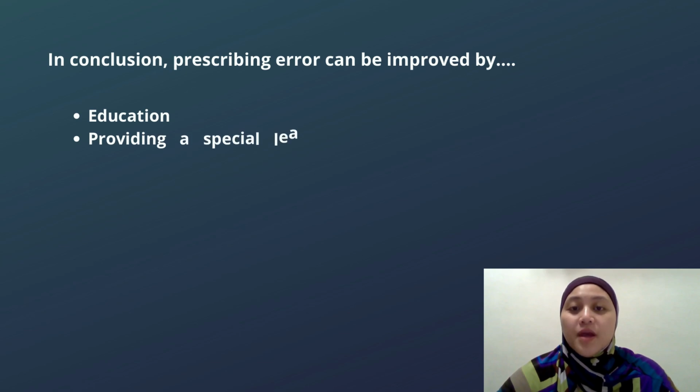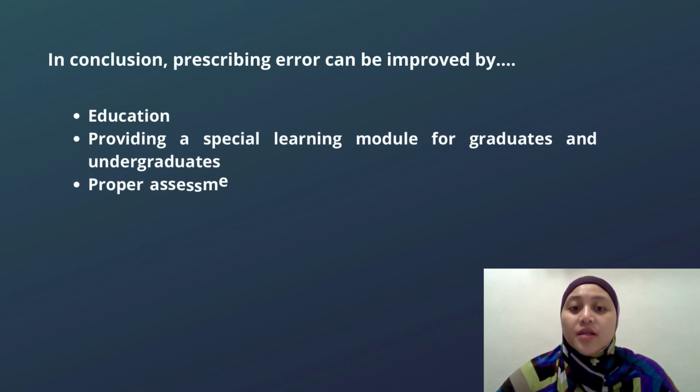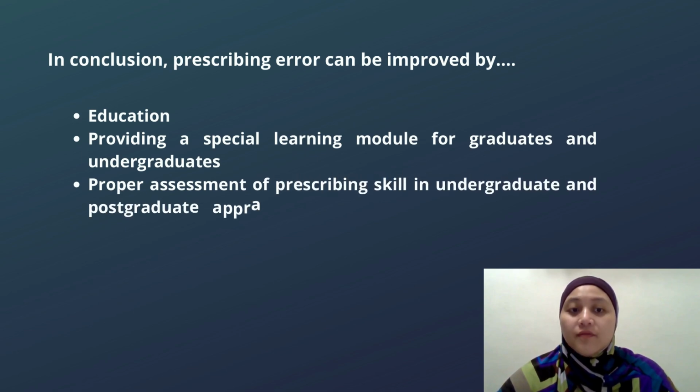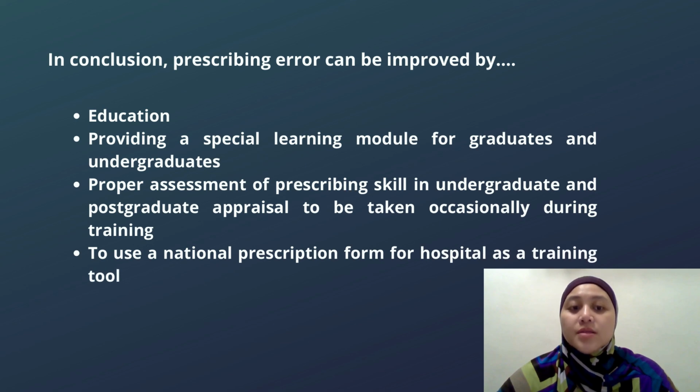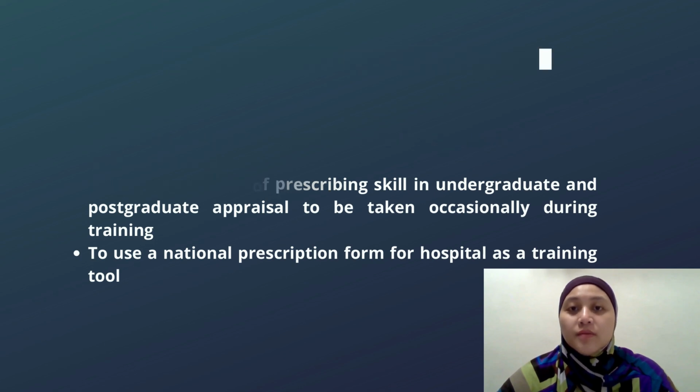In conclusion, prescribing error can be improved by education, which is by providing a special learning module for graduate and undergraduate levels. Apart from that, proper assessment of prescribing skill in undergraduates and postgraduate appraisal should be done during the training. Next is to use the National Prescription Form for hospital as a training tool.